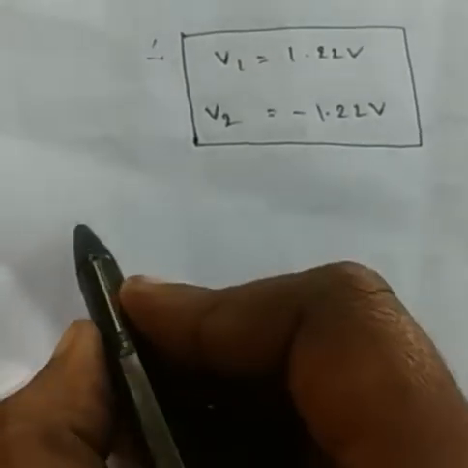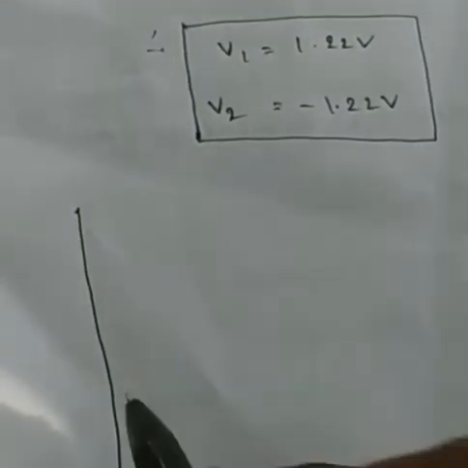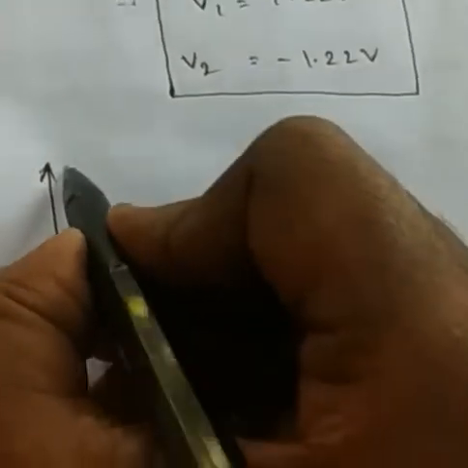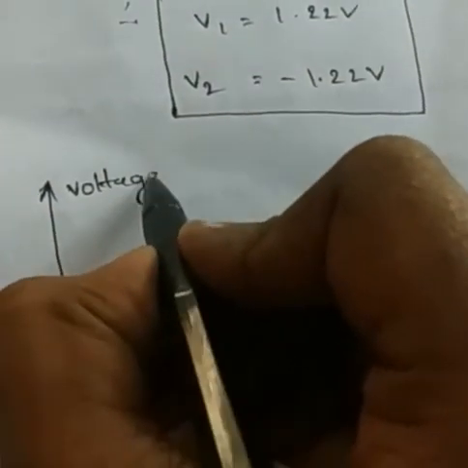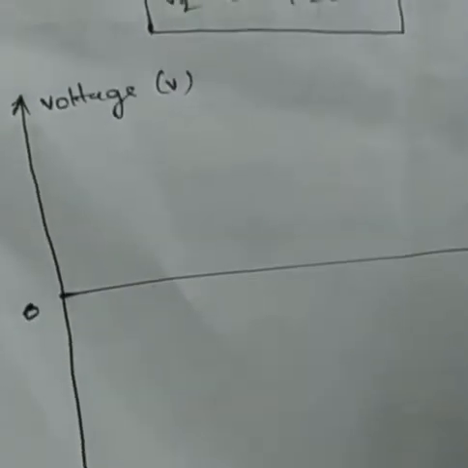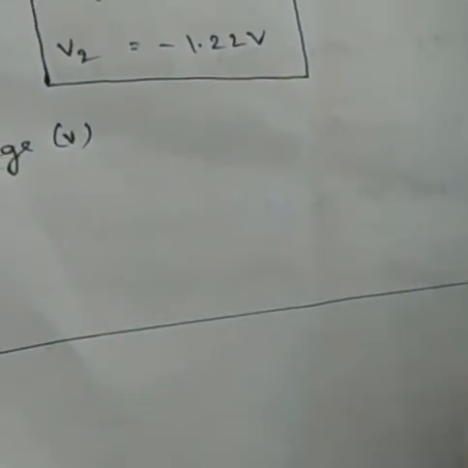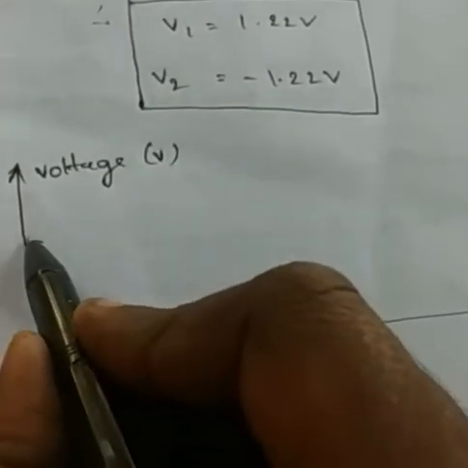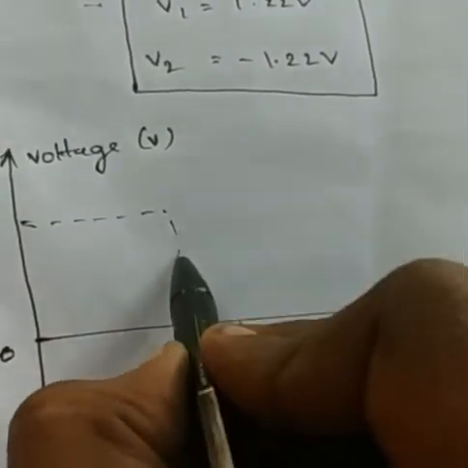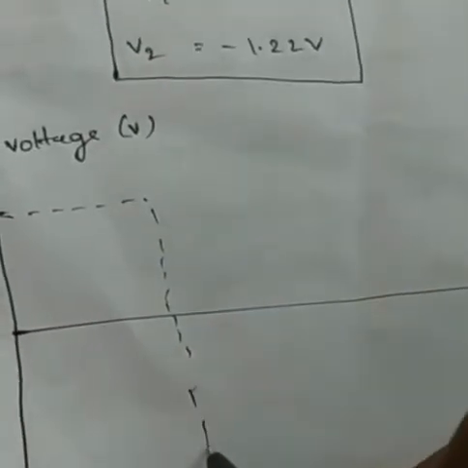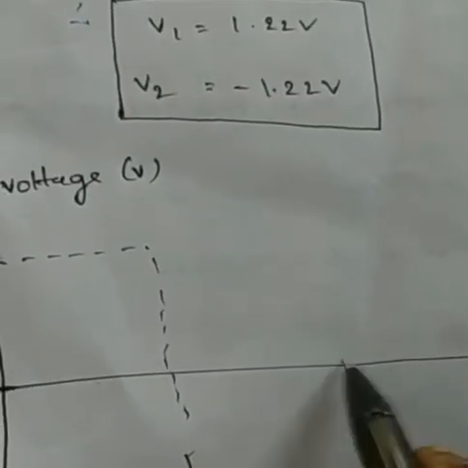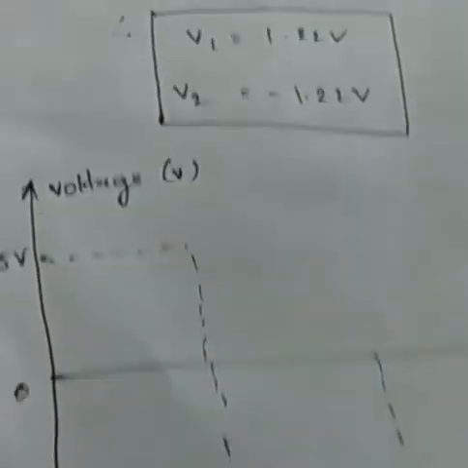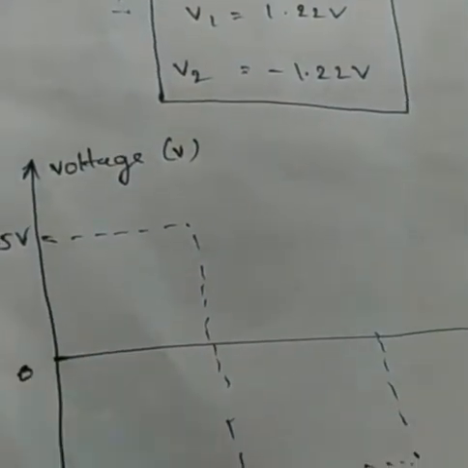Now let me draw our output. This is 0, this is voltage in volts, and this is time in milliseconds. Let's draw our input in a dotted line. It is plus 5 volts and minus 5 volts.